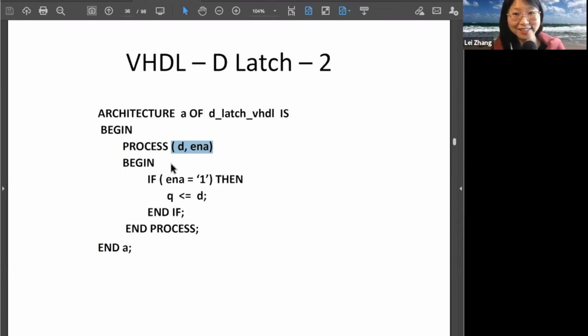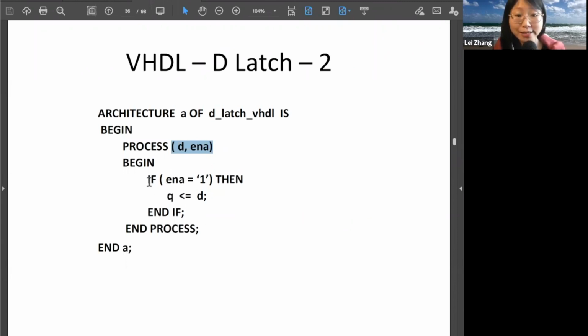It's sensitive. Okay, this begin is the begin for the architecture, and this end is the end for the architecture. This begin is the begin for the process, and this end process is the end of this process.